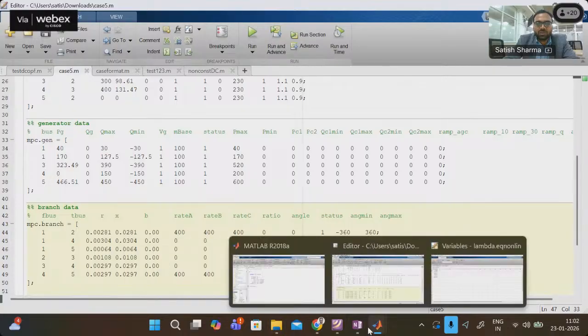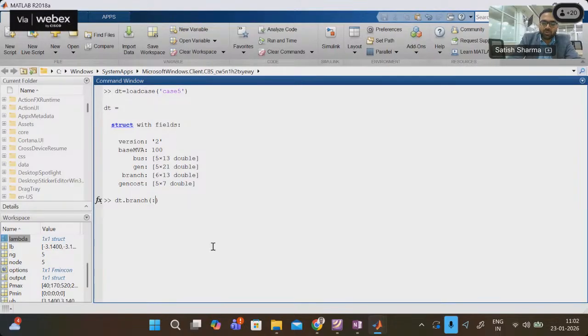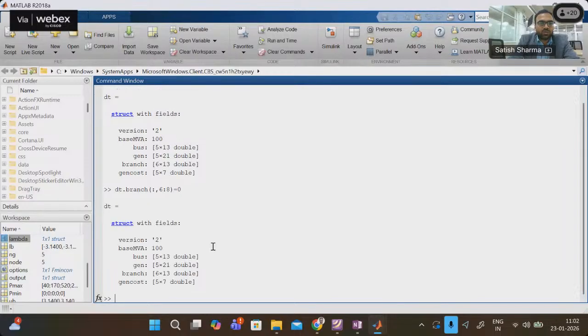So I will set 6, 7 and 8 equal to 0. For branch, all the columns, 6, 7, 8 should be equal to 0. Okay, I have updated this one, and let's run OPF and DT.